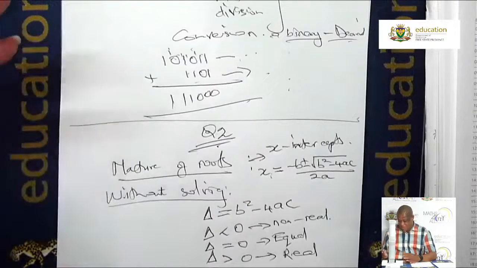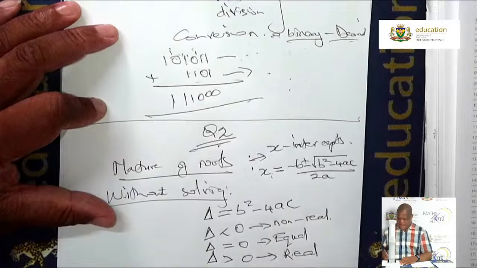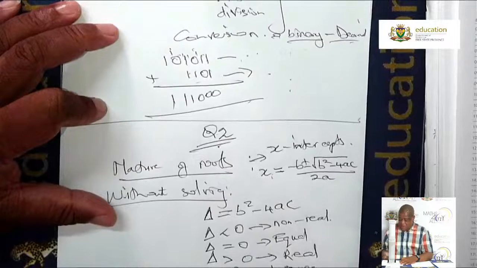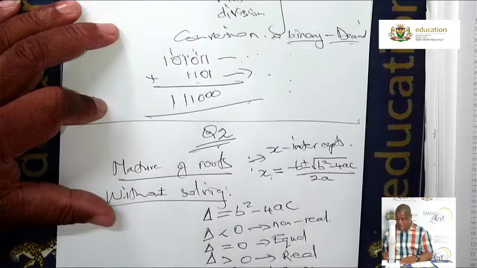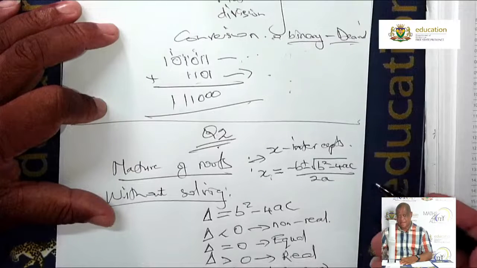But then, the number can be greater than 0, at the same time, that number being a perfect square. And once it's a number greater than 0 being a perfect square, it's simply telling us that the roots are, yes, being greater than 0, it was telling us about the real part.